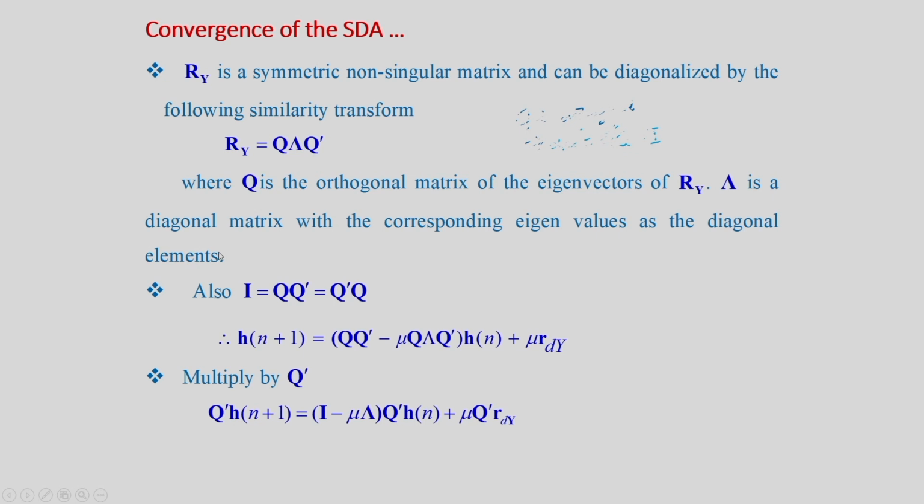So, Q is the matrix of the eigenvectors and Q is orthogonal. It means Q transpose Q is equal to Q Q transpose is equal to the identity matrix, that is the orthogonal matrix.